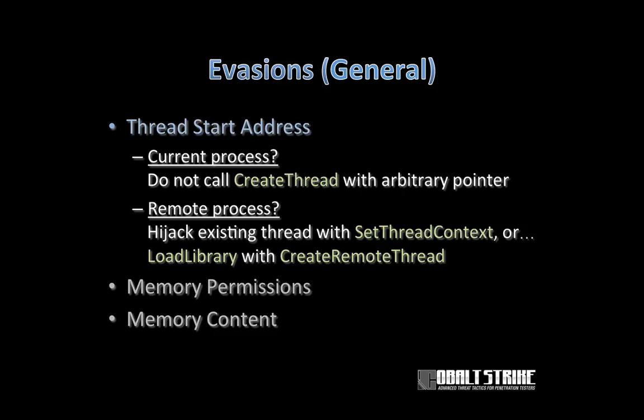Another option is to drop a capability to disk and call load library via create remote thread. If you use load library to get your capability into a process's memory space, it is going to look like a DLL loaded the normal way. And of course, DLL hijacking and friends are options as well. So those are some options to make your threads look good.